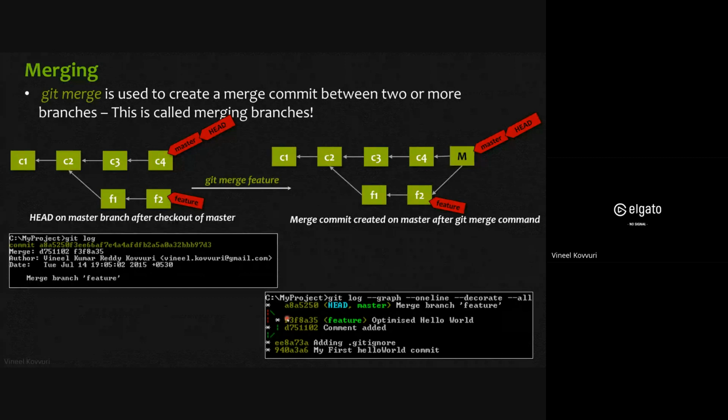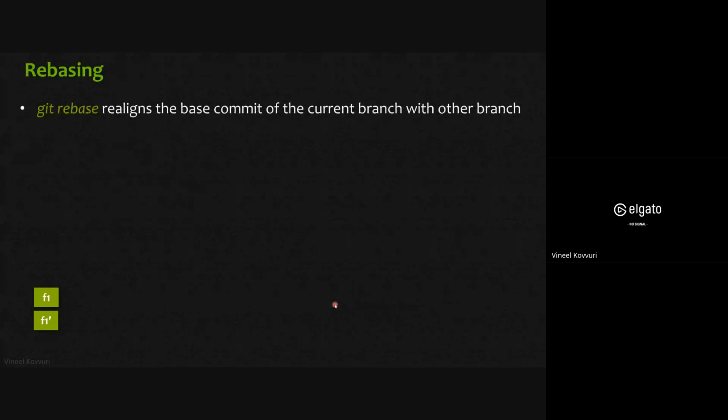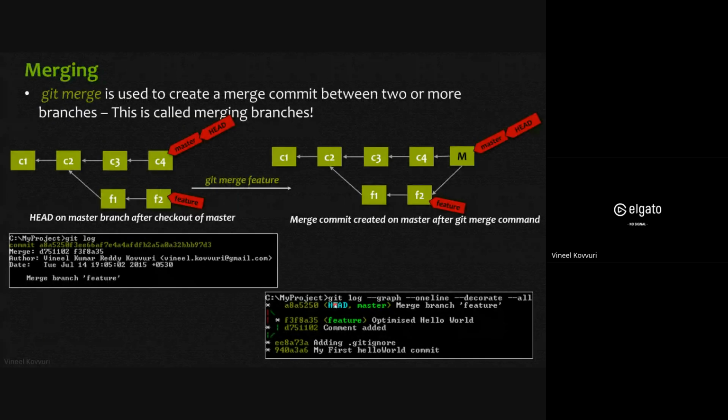All we care is, did I get the changes that I made in feature or not? That's all I care. Hope this is clear to you. Okay. Now, in order to get the changes that are done in feature branch, what we saw up until now is this feature called merging, right?